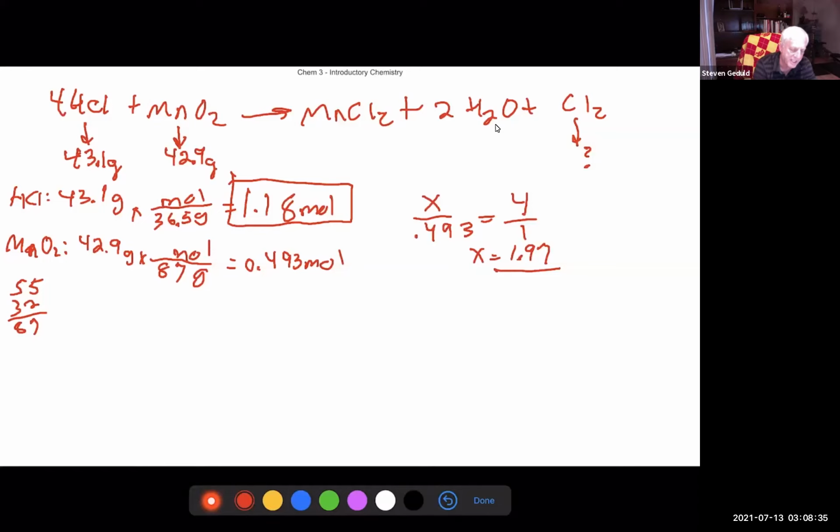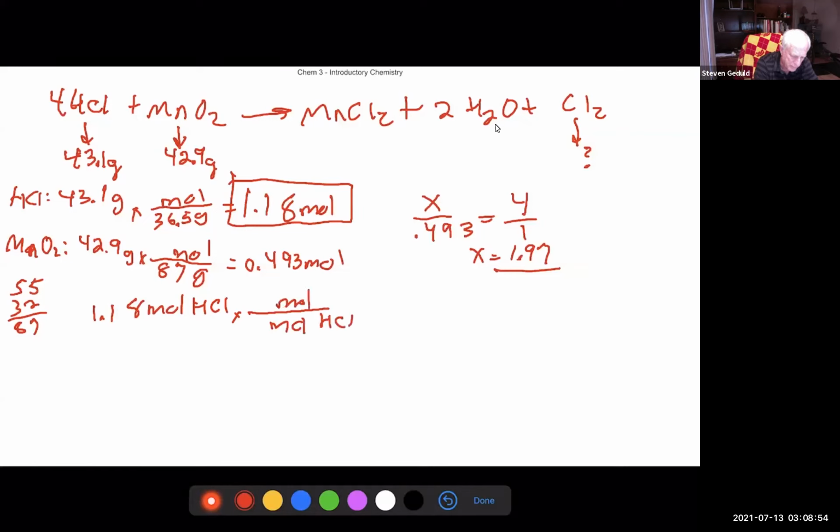So now we use that to calculate a theoretical yield of chlorine gas. We have 1.18 moles of HCl. That's what we're starting with, my limiting reagent. And I want to go to grams of Cl2 gas.